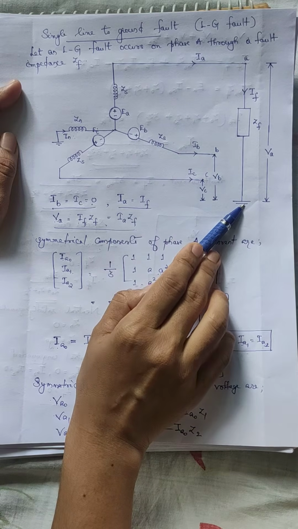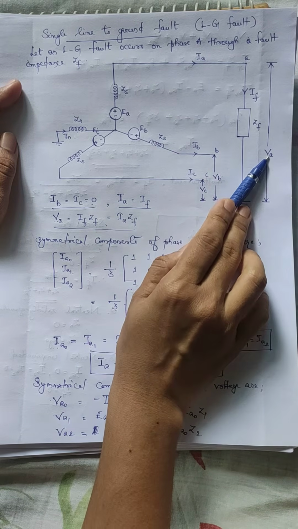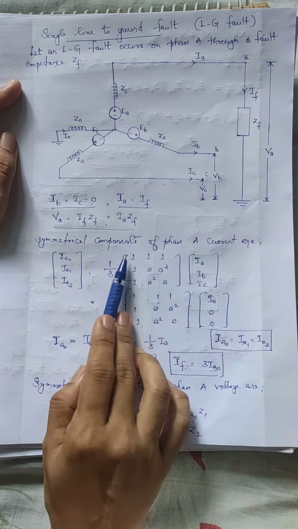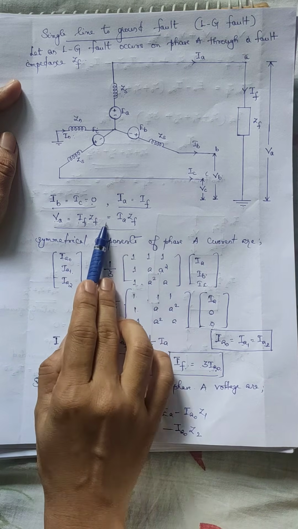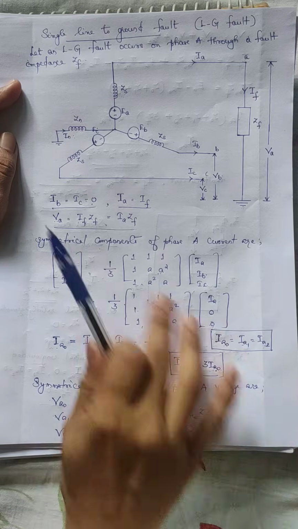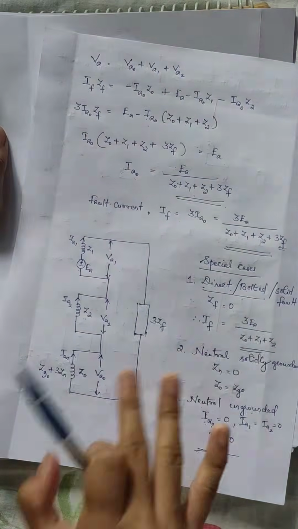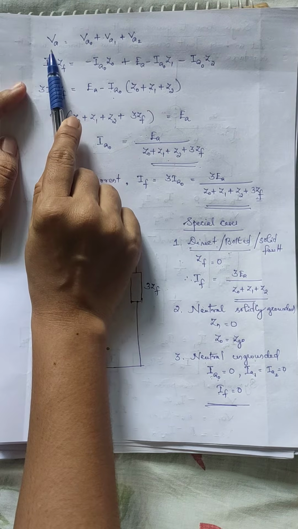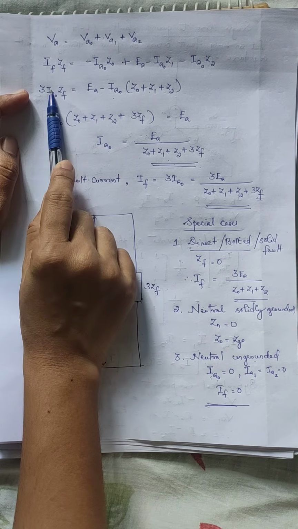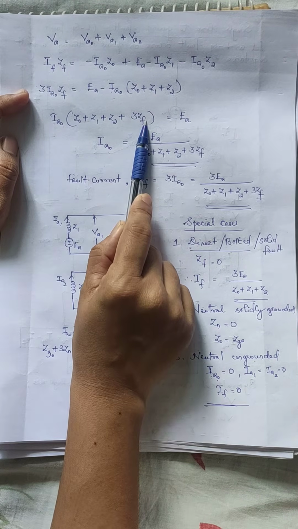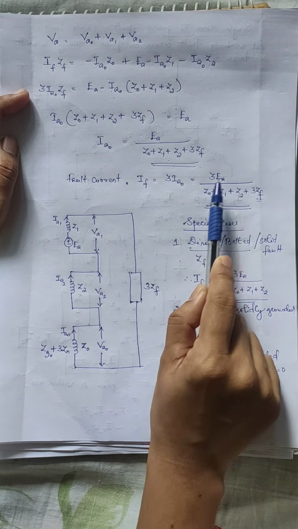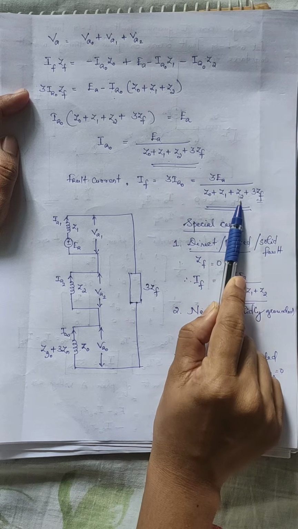Then VA, the voltage across this short circuit, will be 0. While proceeding with the derivation, substitute 0 instead of VA. Then instead of 3ZF, we will get 0. And finally, IF will become 3 EA divided by Z0 plus Z1 plus Z2.